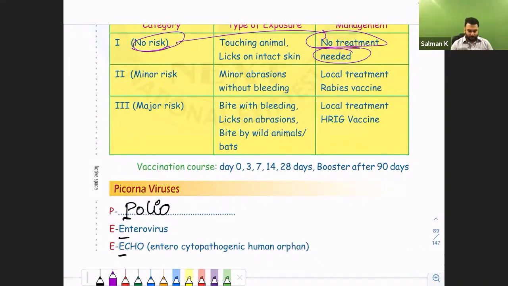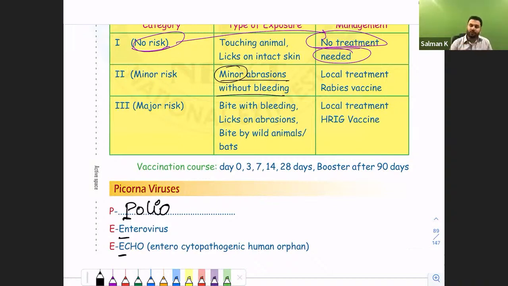Okay. Now, next is this. If you're talking about minor risk versus major risk, what to be done? First, you should know how to identify it. Who is called a minor risk? Minor abrasions, small scratches by the animal on your body, which are not bleeding.